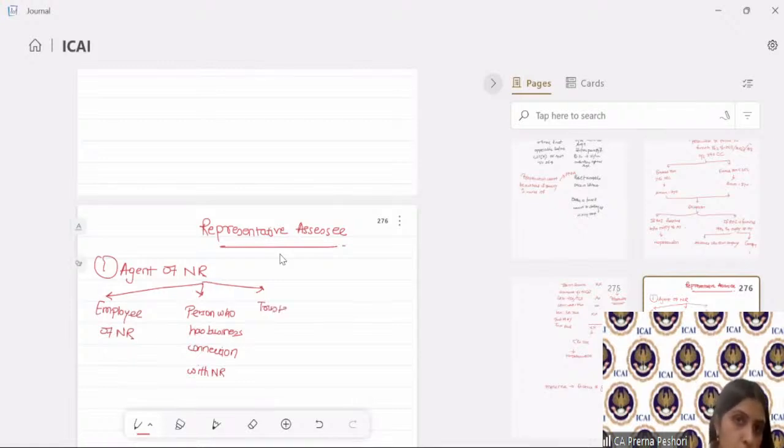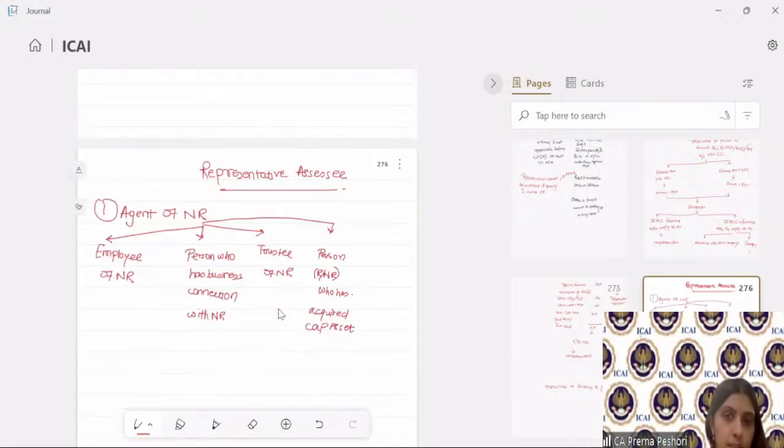Trustee of non-resident. Person, resident or another non-resident, who has acquired capital asset in India on transfer.